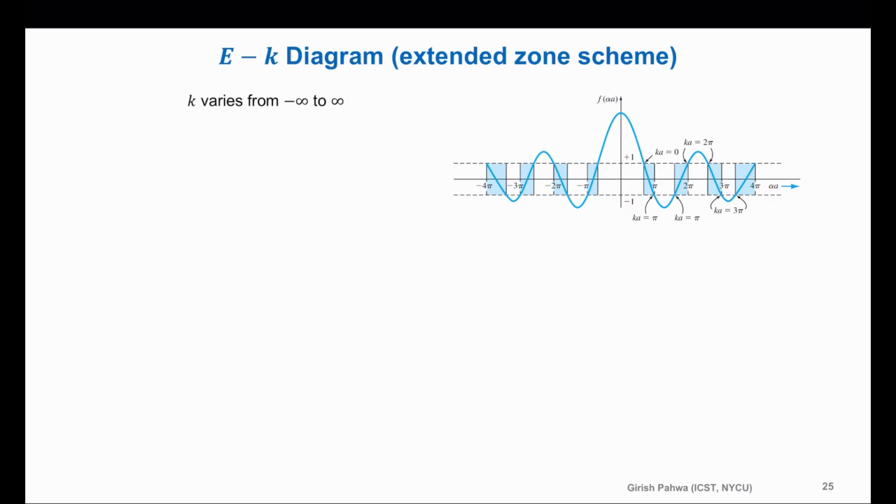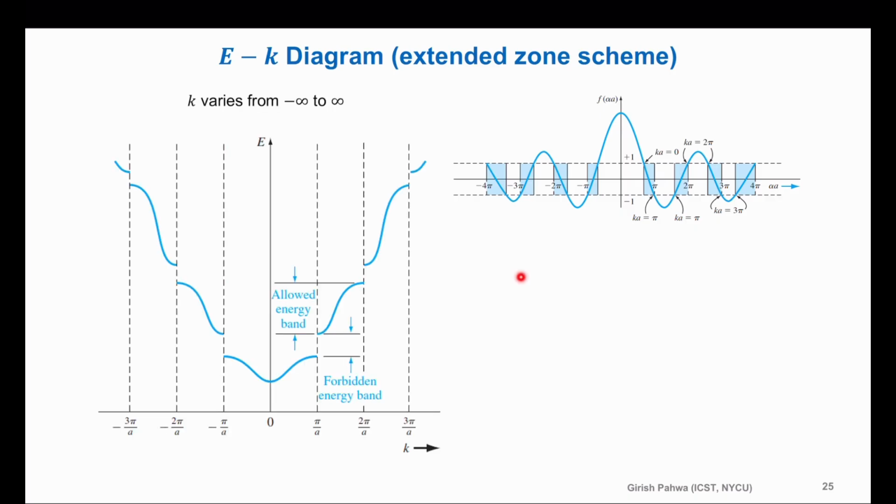So how will it look? It will look like this. From Ka equal to 0 to Ka equal to pi, that means k equal to pi by A, alpha A varies from here to here. If alpha increases, energy increases. Alpha is proportional to root of E, or E is proportional to alpha squared. So going from this alpha to this alpha, my energy is increasing.